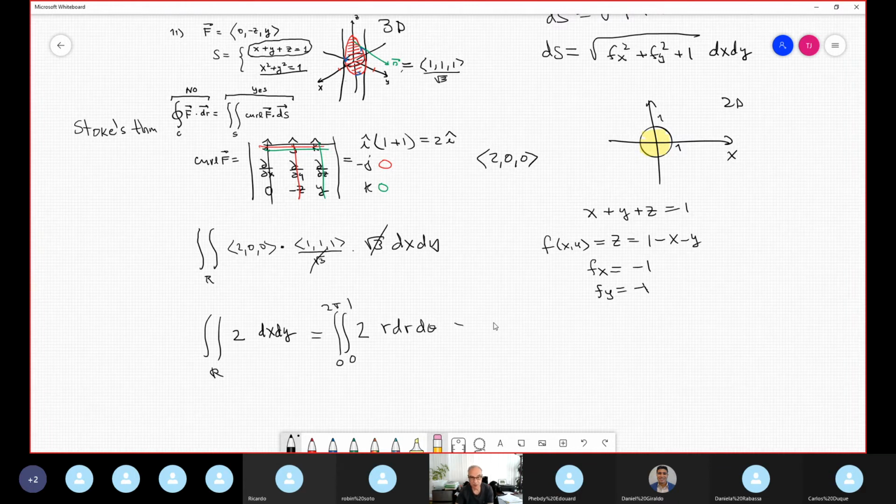Okay, separate again: the theta integral is 0 to 2 pi d theta, and the other is r dr from 0 to 1. This is 2 pi, and this is 1/2, because it's r squared over 2, evaluating between 0 and 1. That's 2 pi times 1/2.